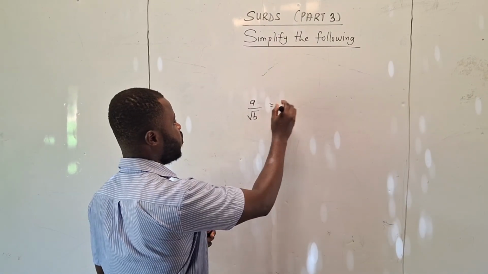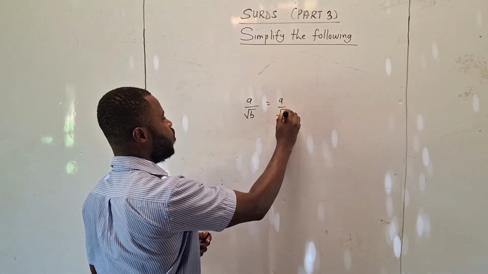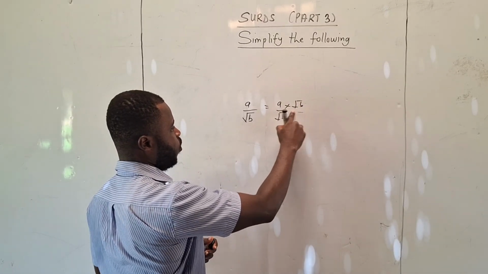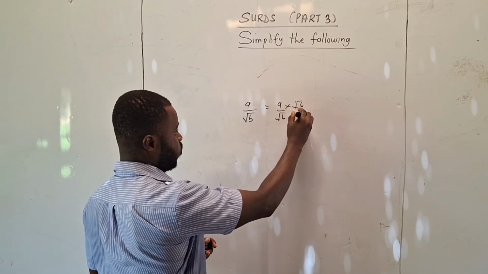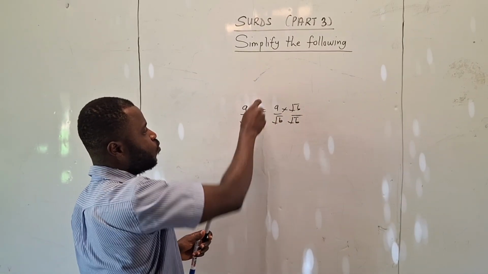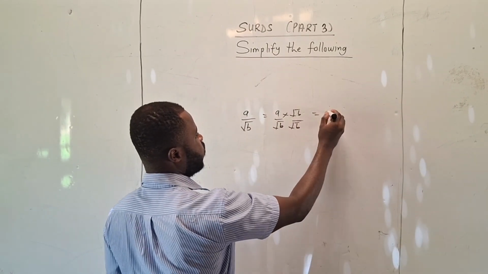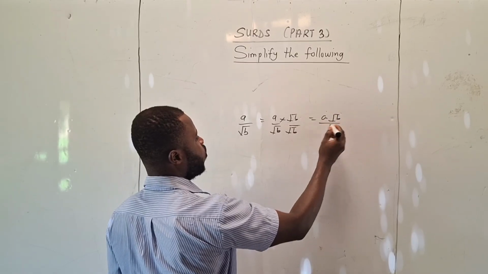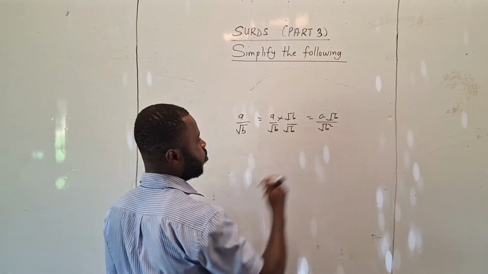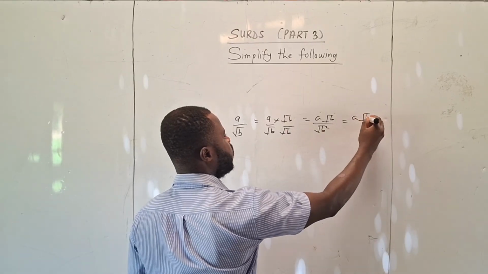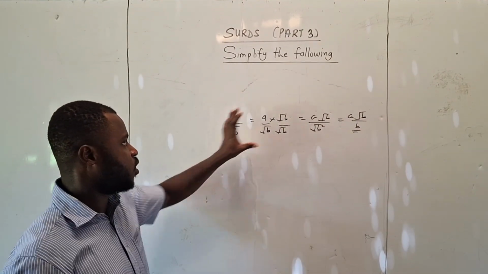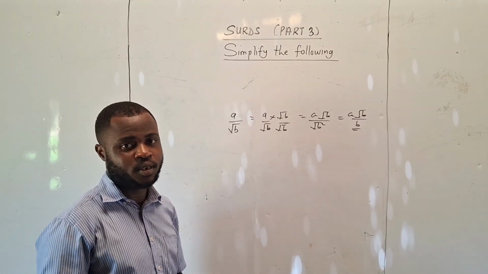So you have A over root B times root B all over root B. You multiply through by this. This will give us A root B, then this one will give us root B squared, which is B. So we get A root B all over B. So this is what this identity talks about.